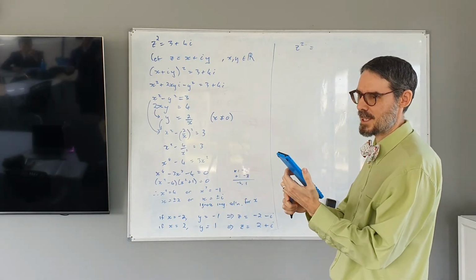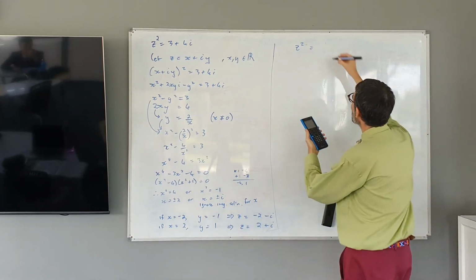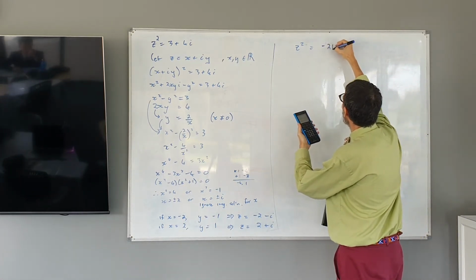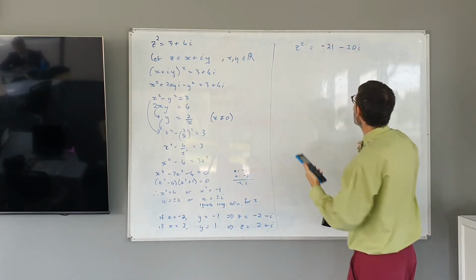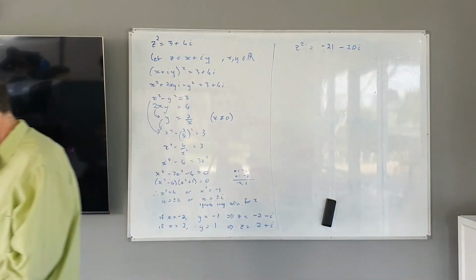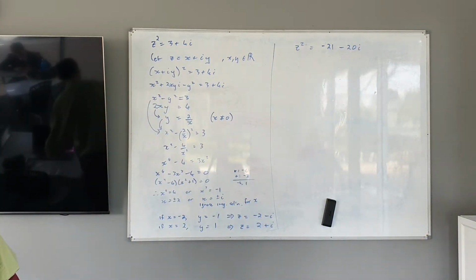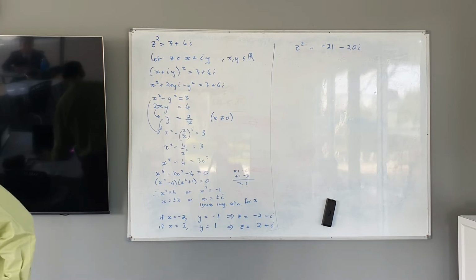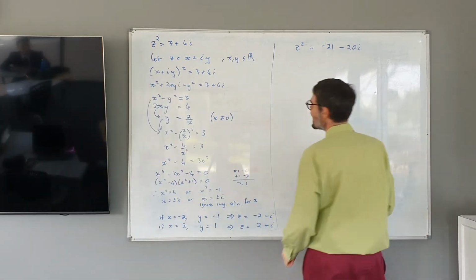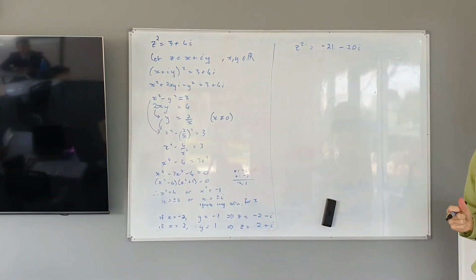Minus 21 minus 20i. This may fall in a heap, but I'll give it a go. Let's have a go. Same method. Do you want to try without me, or do you want me to? Right, have a go.